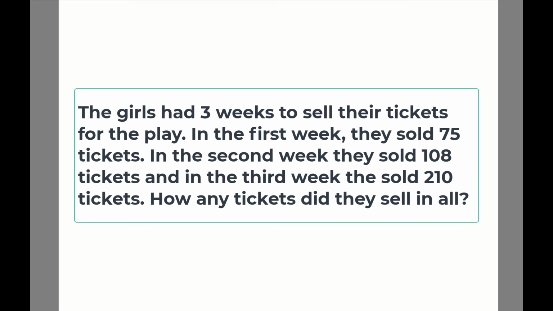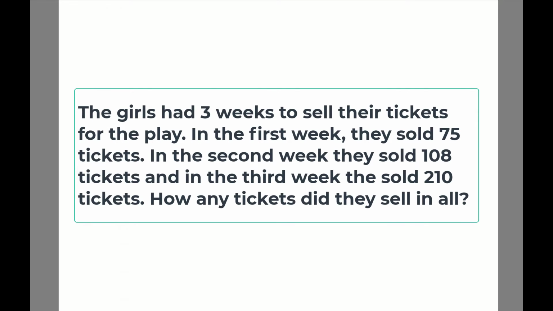So our first question we are solving is, the girls had 3 weeks to sell tickets for their play. In the first week, they sold 75 tickets. In the second week, they sold 108 tickets. And in the third week, they sold 210 tickets.